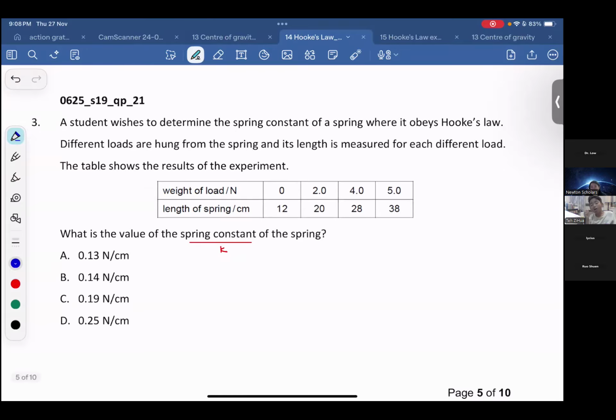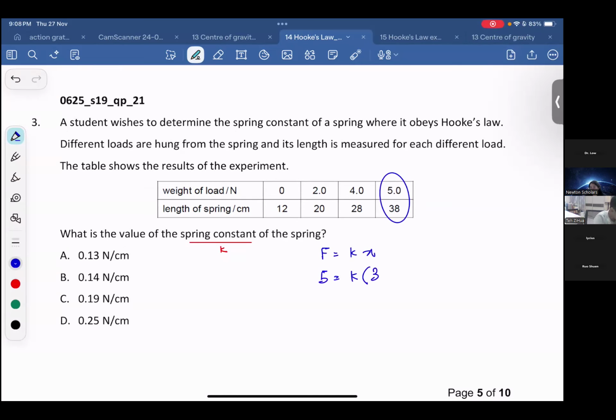Okay, you see, F equals Kx. Let's say I use the weight of 5 Newton as my data: 5 Newton equals K times my extension. What is my extension?